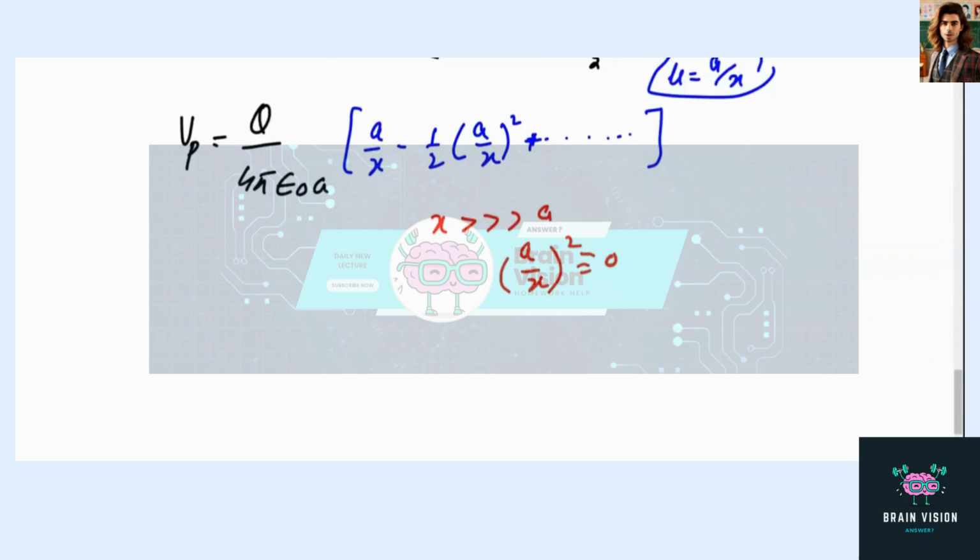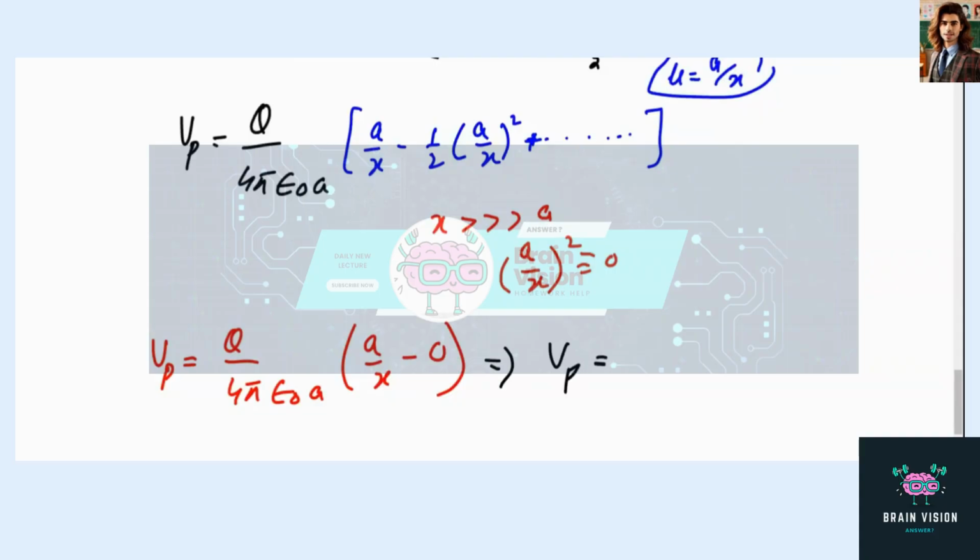This gives us potential at point P equal to Q upon 4 pi epsilon naught A upon x minus 0. So we will have potential at point P equal to Q upon 4 pi epsilon naught into x.